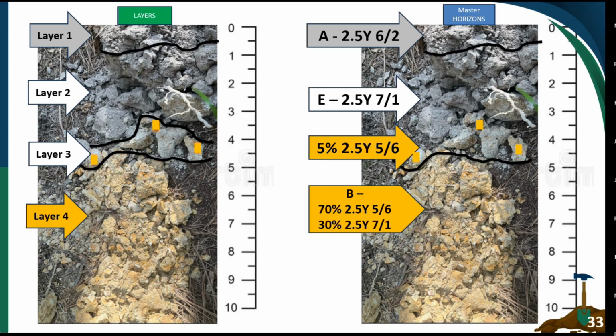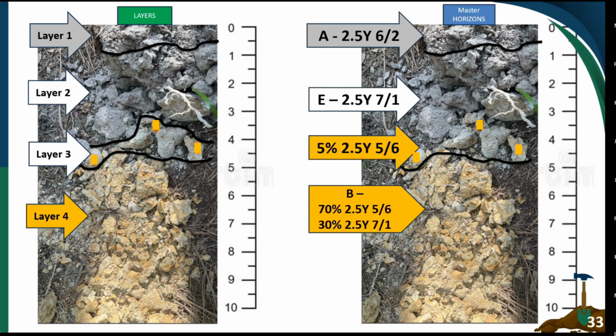Why did I separate that layer out by itself? Because this is the portion of the E horizon that meets depleted matrix criteria that requires 2% or more redox concentrations. So now, if we consider the F3 hydric soil indicator, it does not meet. Why?